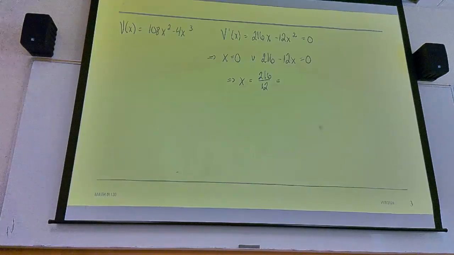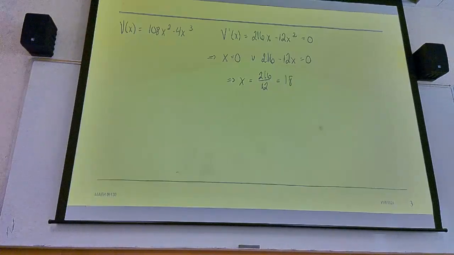At a minimum, they're both divisible by 3. X equals 18. That sounds right. Too lazy to do it in my head.